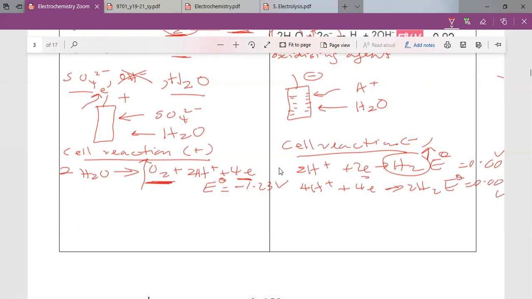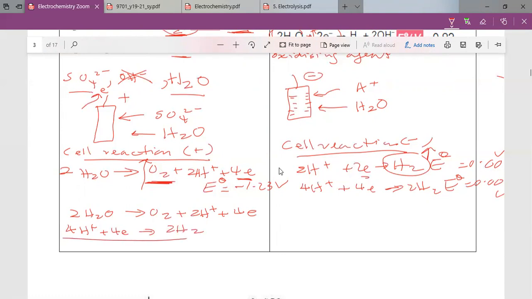So of course that means you add the two together. In this case, I can put down here 2H2O going to O2 plus 4H+ plus 4e-, and you put this on here: 4H+ plus 4e- to give you 2H2.